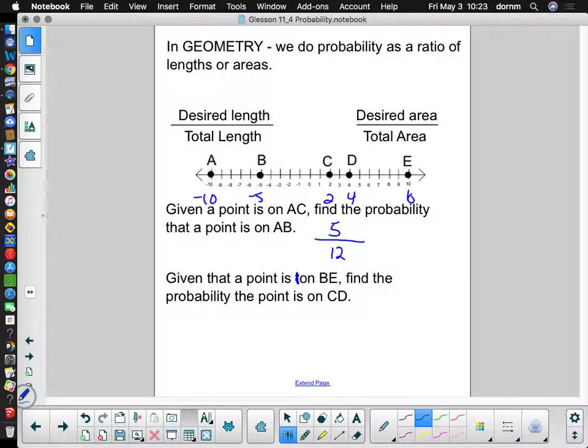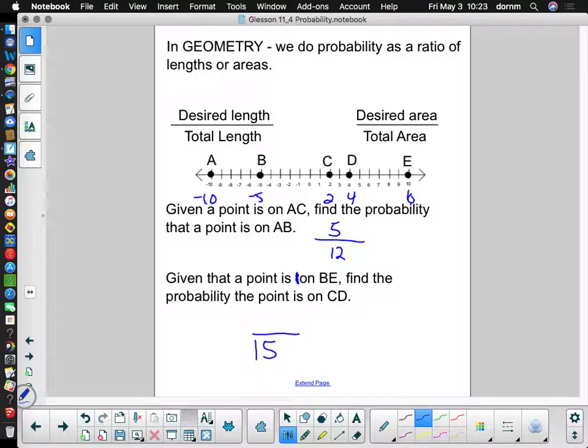Well, how long is BE? From -5 to 10, 15. So that's going to be my denominator. Top or bottom? Bottom, that's the whole thing that we're using. What's the probability that the point is on CD?